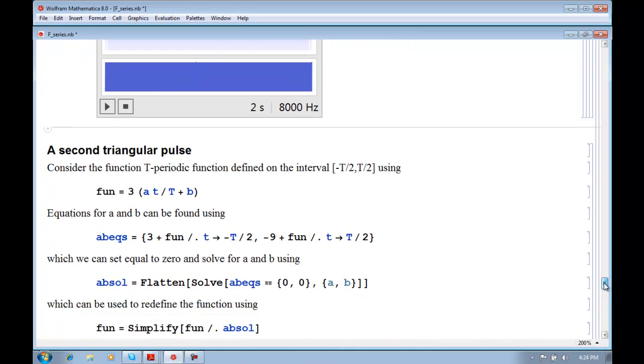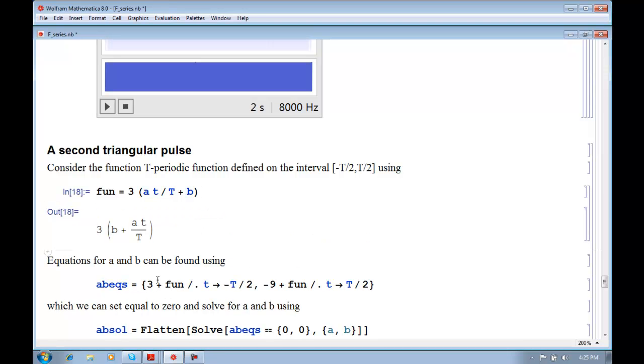So let's look at another triangular pulse. I'm going to define a function on the interval minus T over 2 to T over 2, and I want to specify its values at the endpoints. So I'm going to take a function which has this form here, and choose it in such a way that when t is minus the period over 2, the value of the function is minus 3, and when t is capital T over 2, the function is 9.